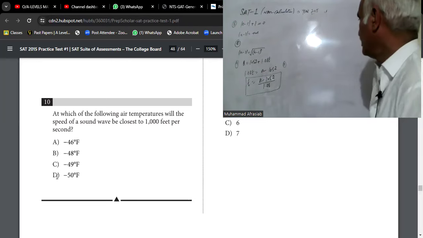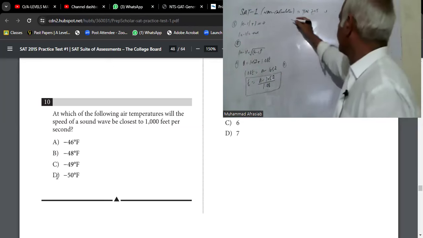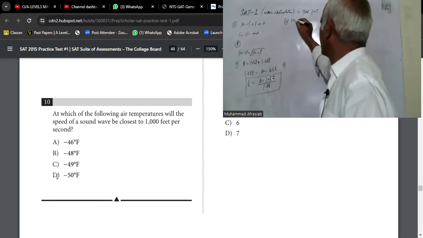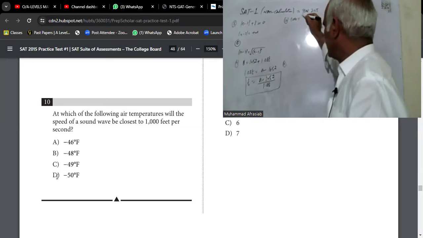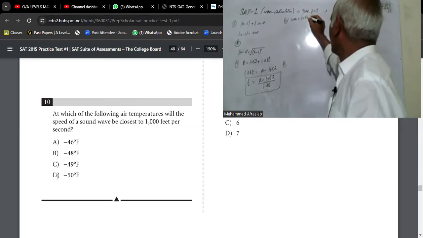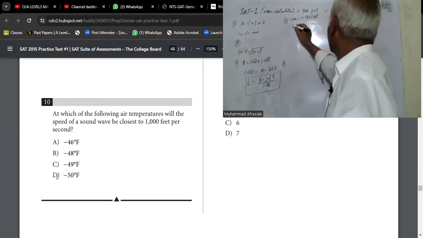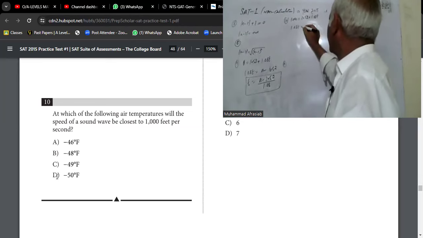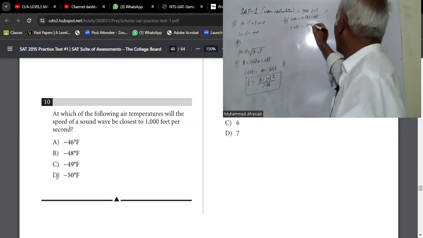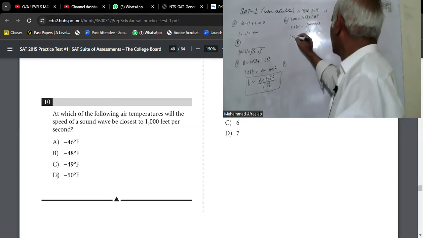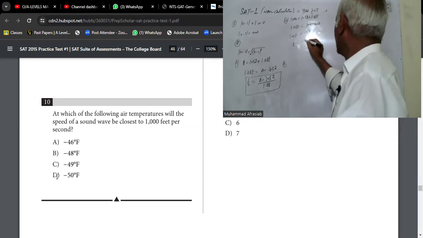So A is 1000, that is equal to 1052 plus 1.08 T, or 1.08 T is equal to 1000 minus 1052, which is equal to minus 52. So T is equal to minus 52 over 1.08.